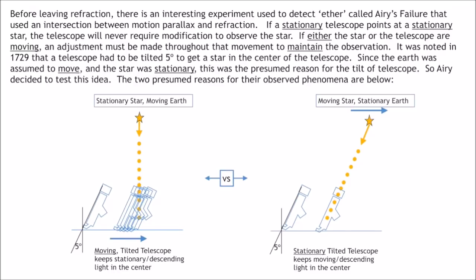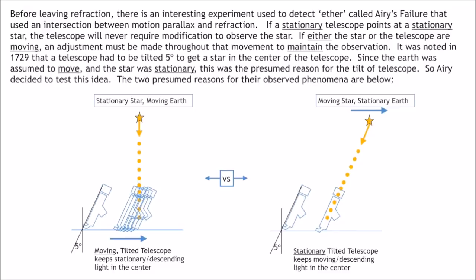Since the Earth was assumed to move and the sky was stationary, this was presumed to be the reason for the tilt of the telescope. So Airy decided to test this idea. And the two presumed reasons for the observed phenomenon are below. Given option 1, light moves straight down through the ether or atmosphere, moving in unison with the Earth.